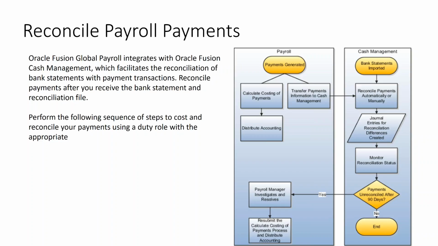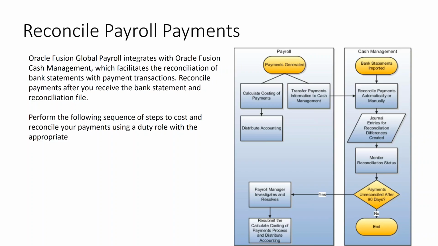Whenever you see a mismatch, or it is still unreconciled after 90 days, we give a certain time for the payment, because on day one it may not be processed completely, so the bank may need some time. After a certain time, when we run the costing of payment process with the reconcile flag as yes, if we see there are still mismatches, we need to inform the payroll manager.